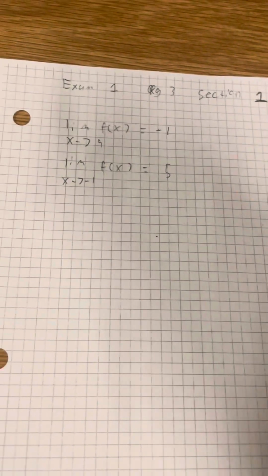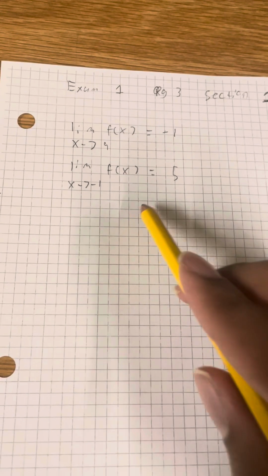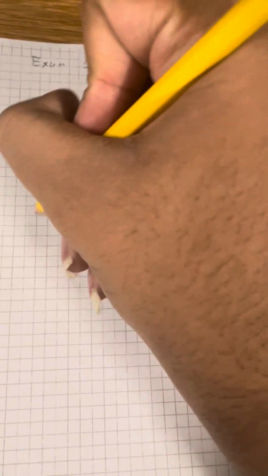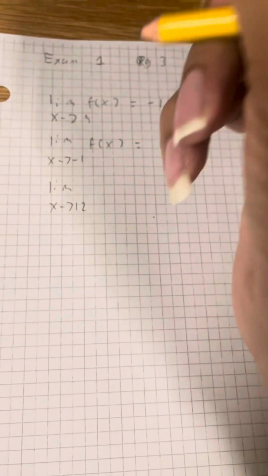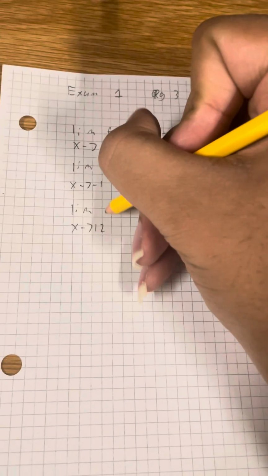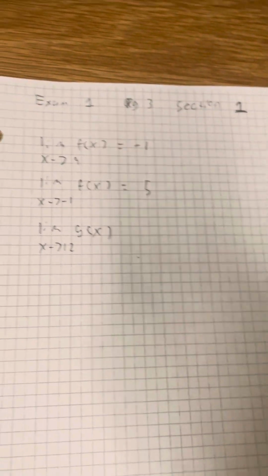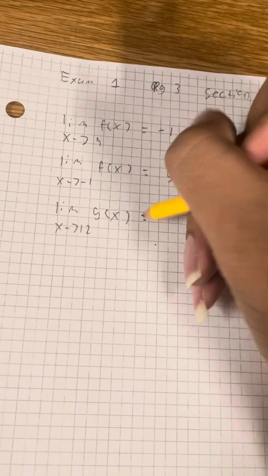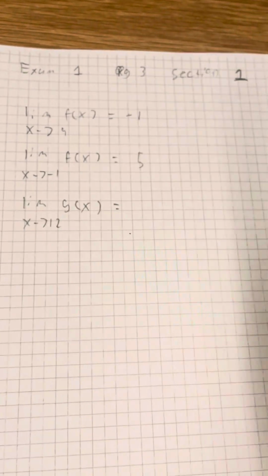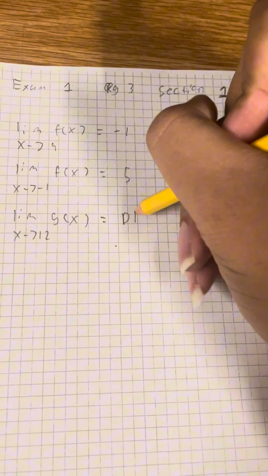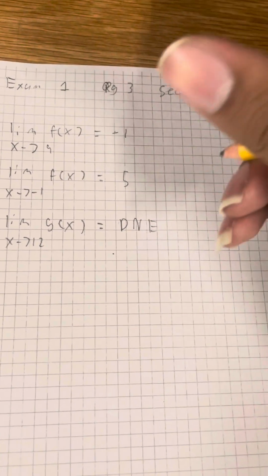Now the next one is limit x to 12, g of x. For the limit of x approaching 12, g of x, it does not exist at all.